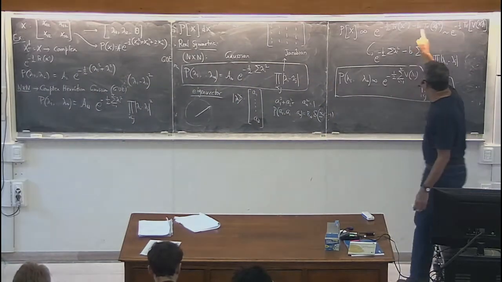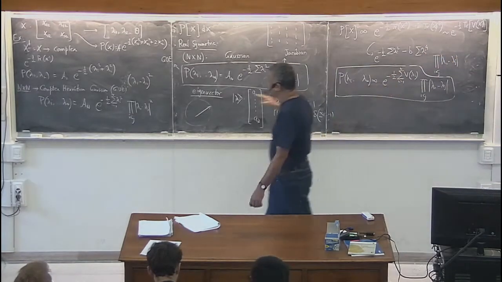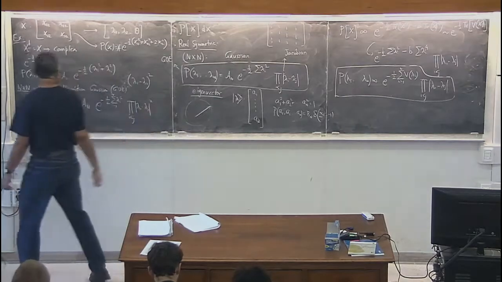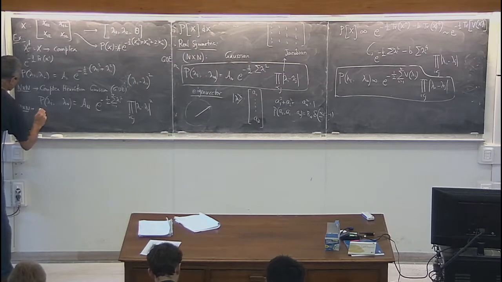And then the last one is the quaternion case, complex quaternion matrices, which I did not define, but if you work it out, this is called the GSE, Gaussian symplectic ensemble.